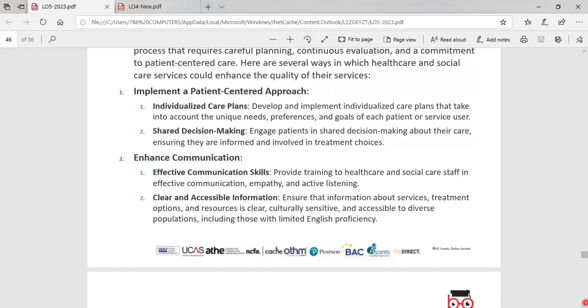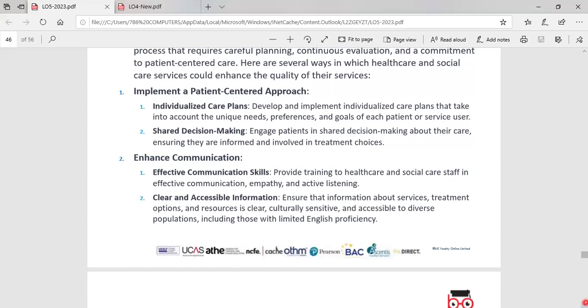So as I said, it's always better to go towards electronic systems compared to just relying on human-based efforts. You have to have those proper communication skills that will help you in improving the quality of care, basically.